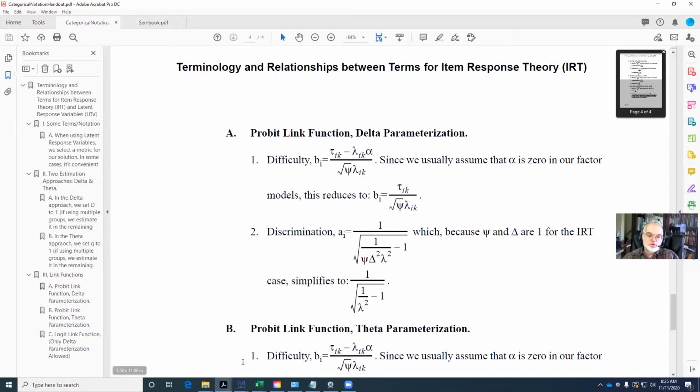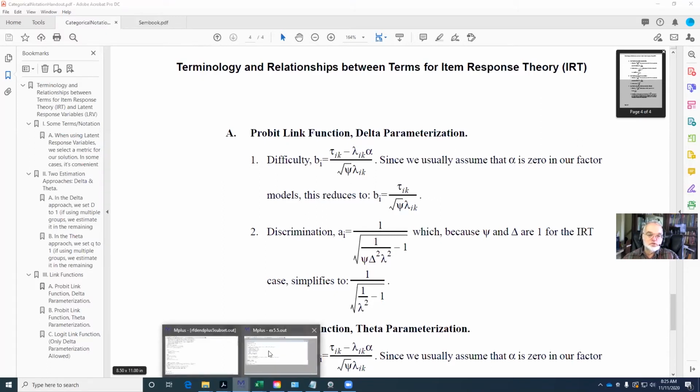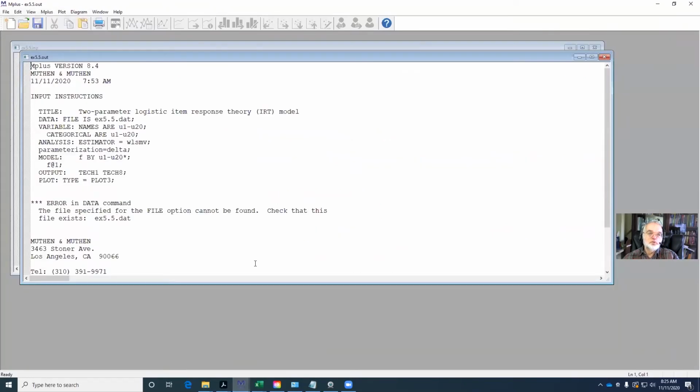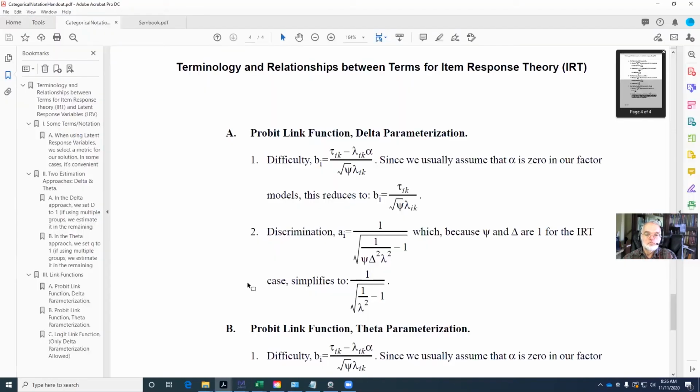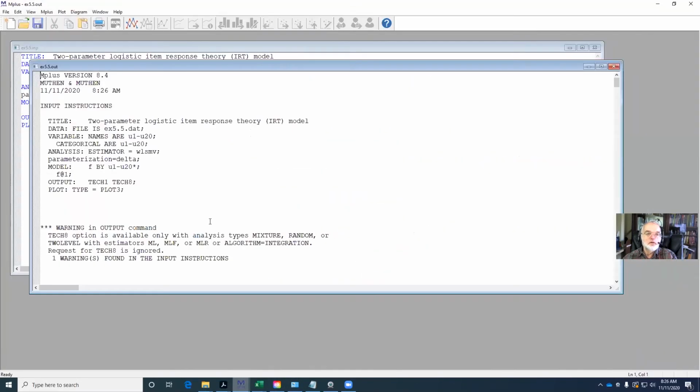So let me come over here and we'll walk you through a printout that does an item response theory model. It'll be a little bit easier to see what's going on. I've sent this code out to you as well.